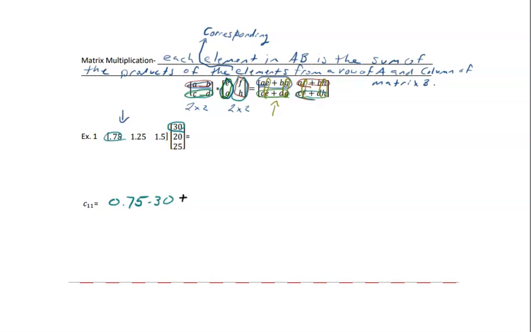Plus the second element in the row times the second element in the column, 1.25 times 20. Plus the third element of the row times the third element of the column, 1.5 times 25.